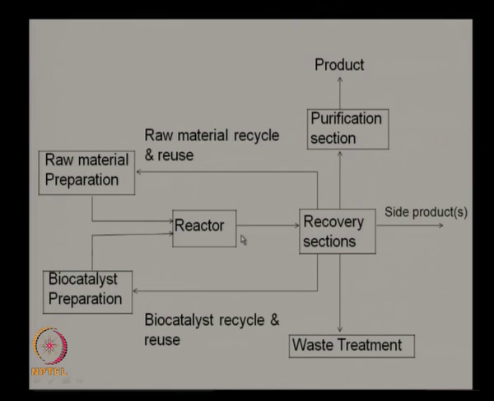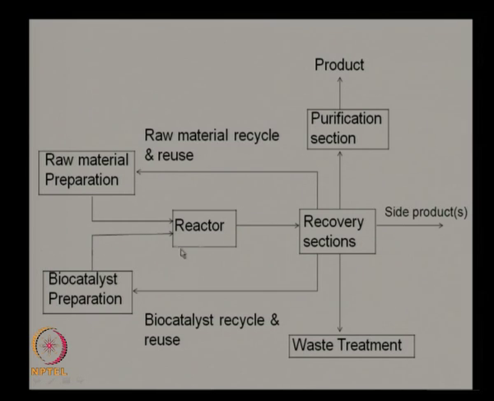This is called a reactor. It could be called a fermenter if you are fermenting your sugars into the desired product. It could be called a reactor if you are using biotransformation or an enzyme catalyzed reaction. So depending upon the type of process you are doing, it may be called a fermenter or a reactor here. This is the heart of the entire bioprocess.